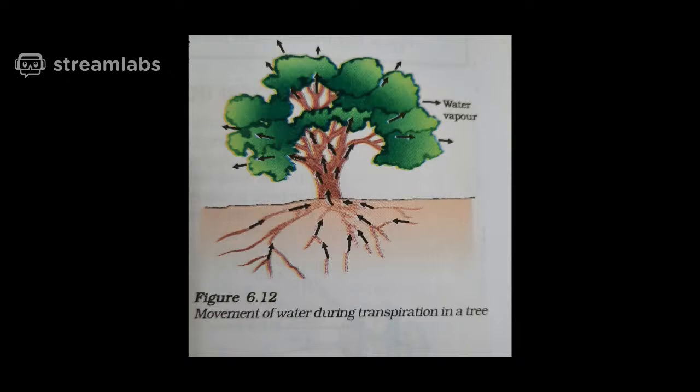Once the water enters inside the plant, automatically the xylem tissue along with the xylem vessels forms a capillary movement and carries it to the tip of the tree. How is it possible?